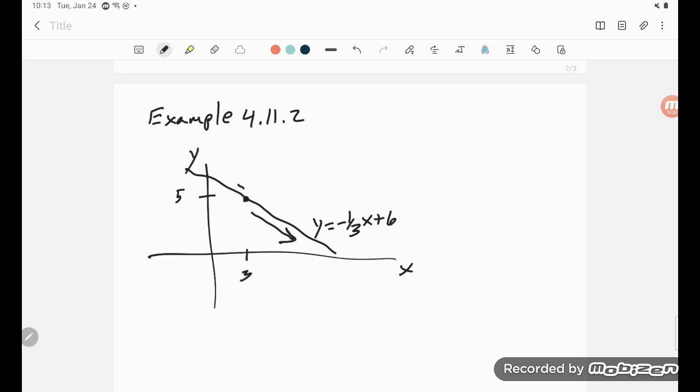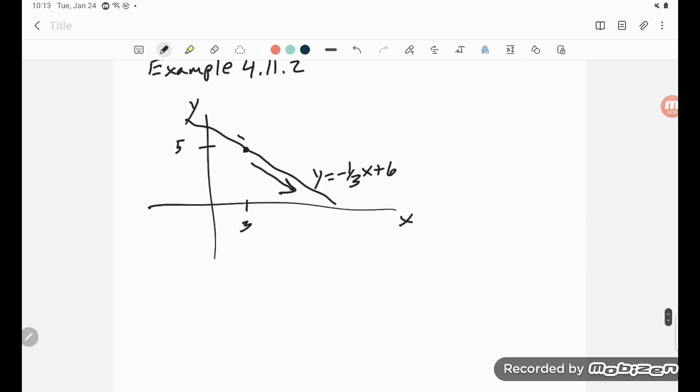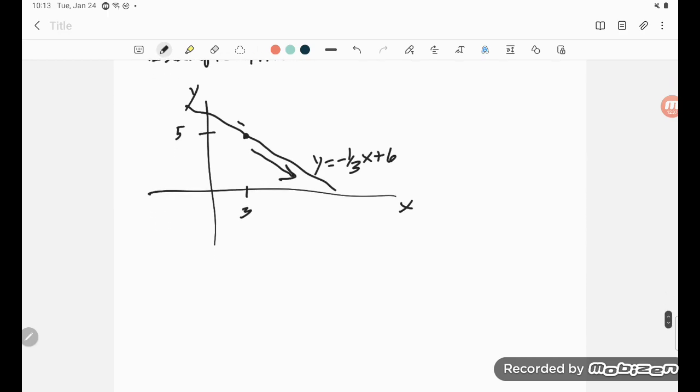And what we want to do is figure out the equations of motion in this case. Well, once again, we need 2 points.